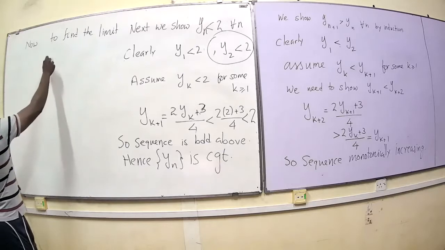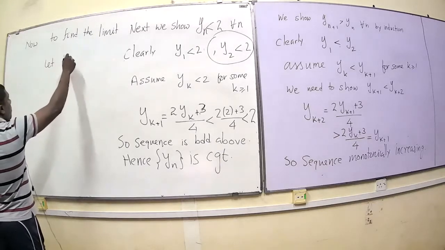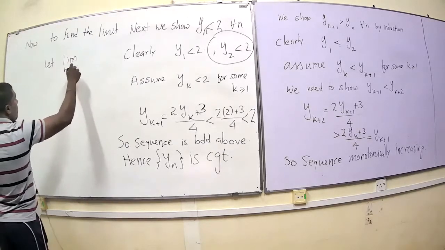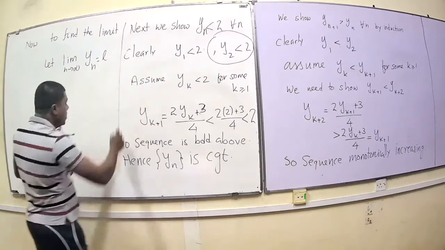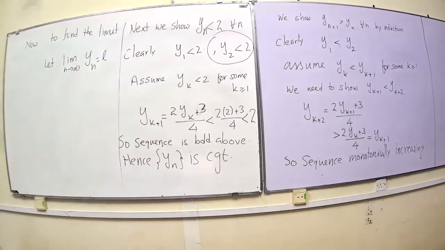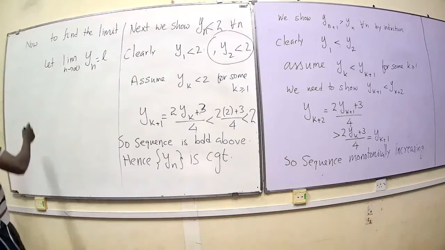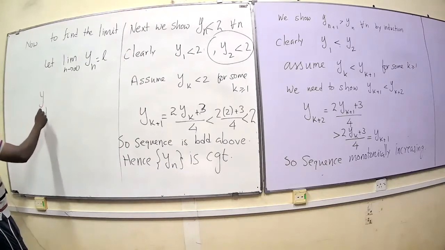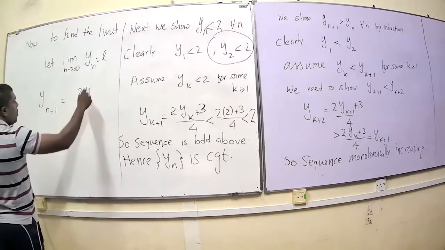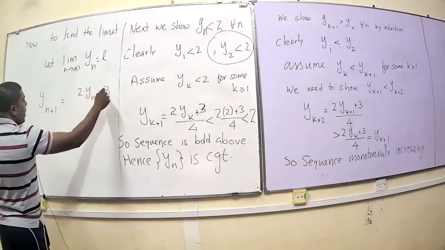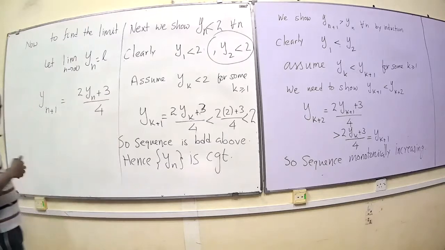so let's take L as the limit, right? So here, you have the formula, Y(n+1) is equal to (2 Yn plus 3) over 4. Right? So this is the formula you have for the sequence.